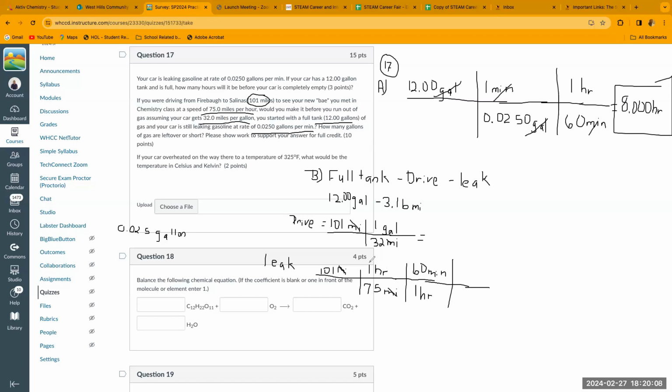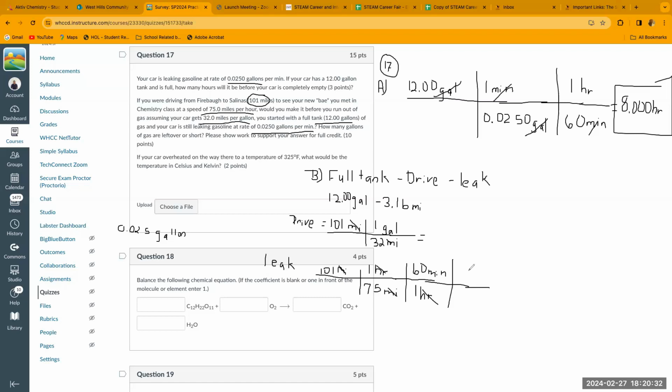Okay. So then hours are going to cancel out. And we know we want to end up with gallons. So is there anything that has the unit of gallons and minutes? That's right, gallons per minute. That's correct. So we have our rate.